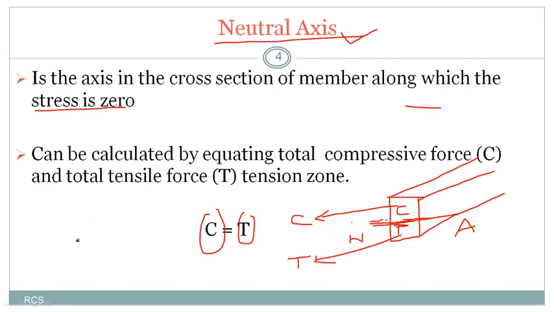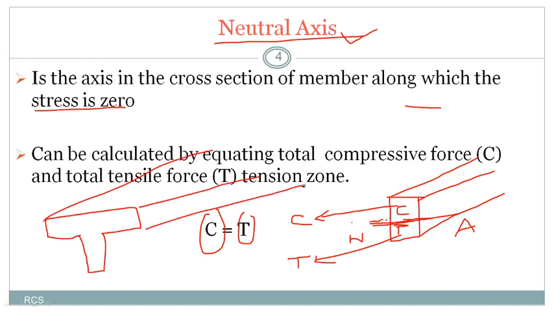It is the same case with our T-beam also. Here, in a T-beam also, based on the neutral axis, we can divide the compression zone and the tension zone. Suppose your neutral axis lies here. In this particular case, above the neutral axis the T-beam is under compression, and this area is under tension.